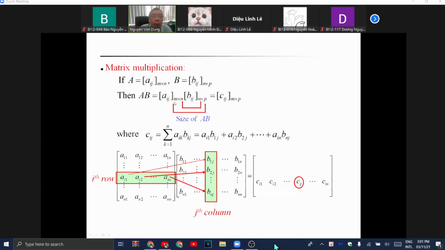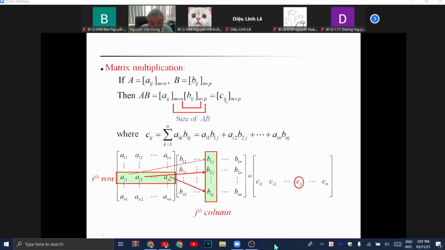So in case the number of columns of A equals the number of rows of B, we can multiply them together like that.